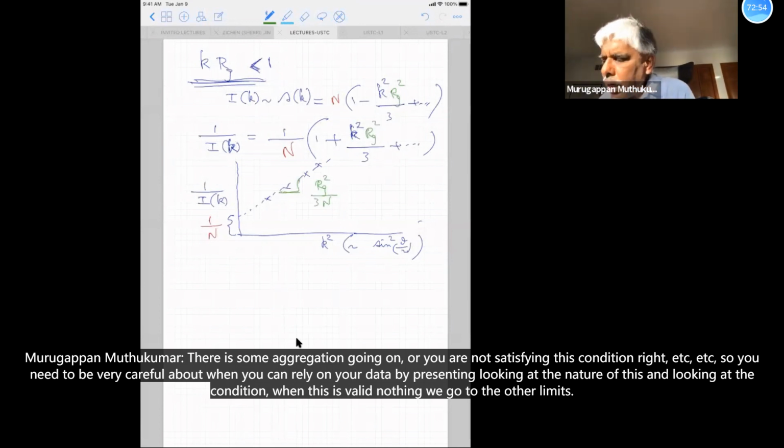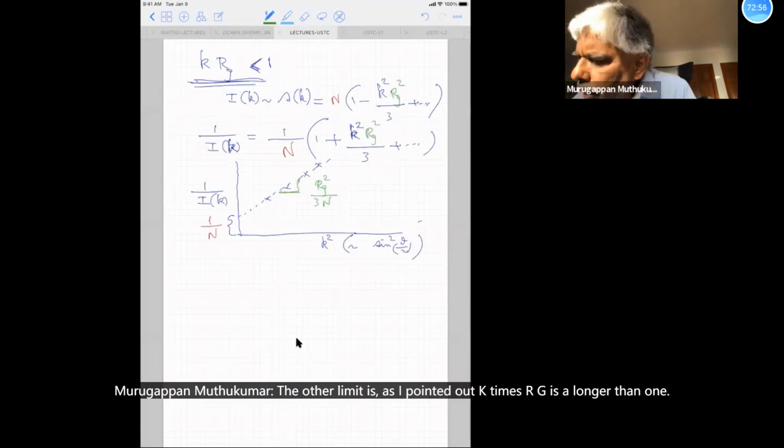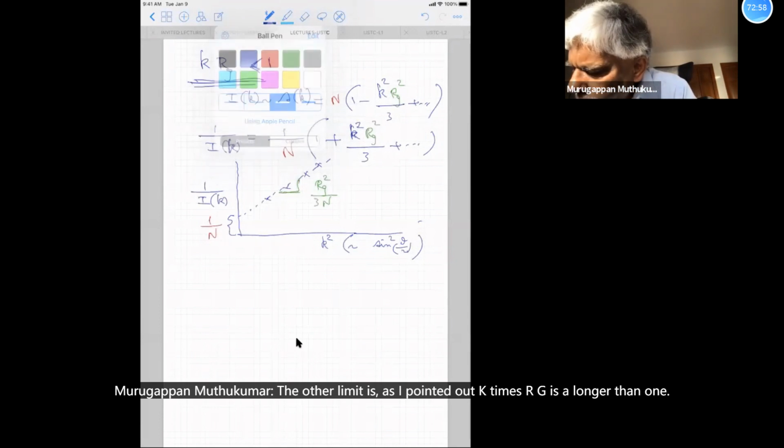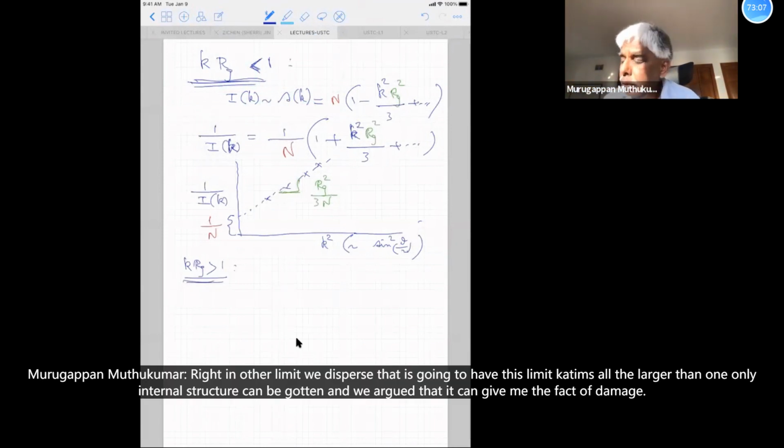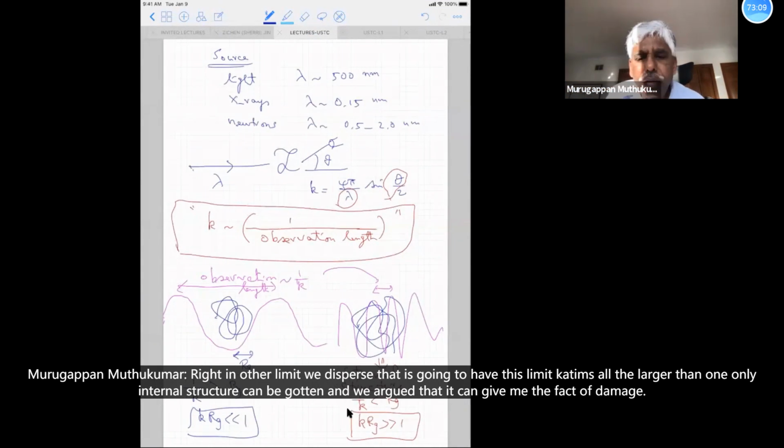Now let me go to the other limit. The other limit is, as I pointed out, k times Rg is larger than 1. This is the other limit. In this limit, only internal structure can be gotten.